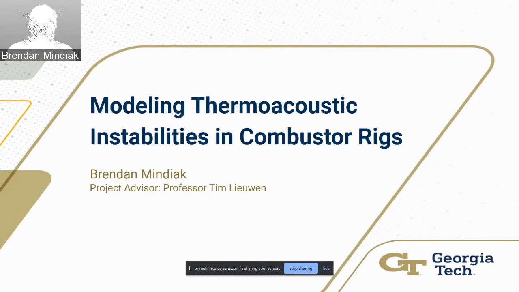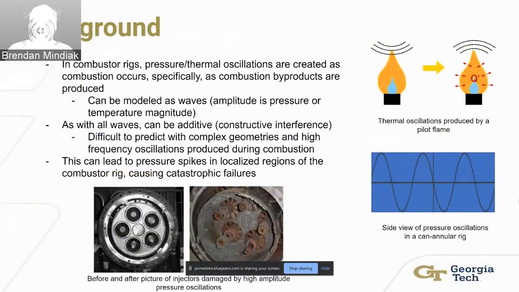So just to provide a little bit of background on what thermoacoustic instabilities actually are. In your combustor rig, you have your combustor where you take your fuel and your oxidizer and you burn them. And the products are the gas byproducts in addition to heat. And as a result of the emission of those gases, you get pressure and also heat, as I mentioned.